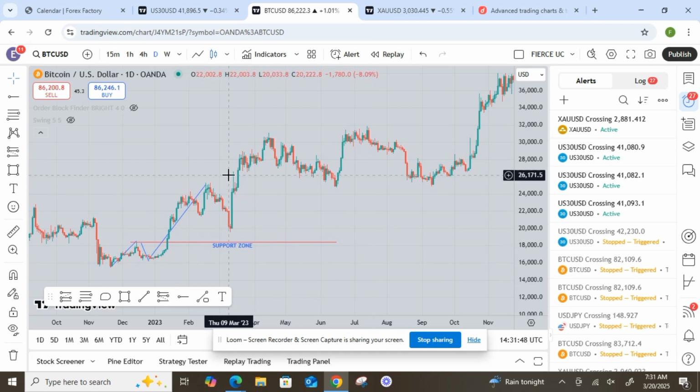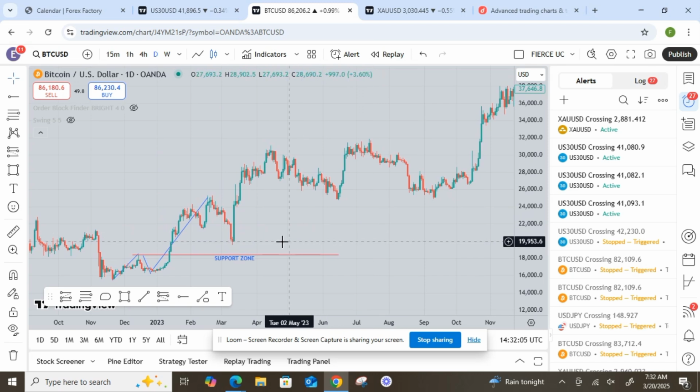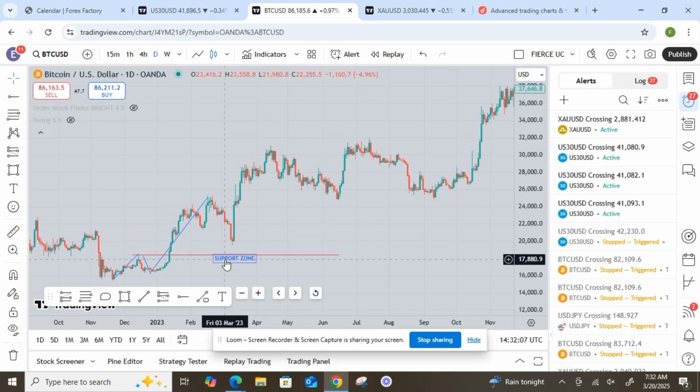The market did not touch it, but it almost touched it, right? That's our own bad luck. But it went upward. There's something that happened there, but that is advanced. Let's focus on support and resistance. So look now, it almost touched support, but it did not touch it, right? So we leave it.